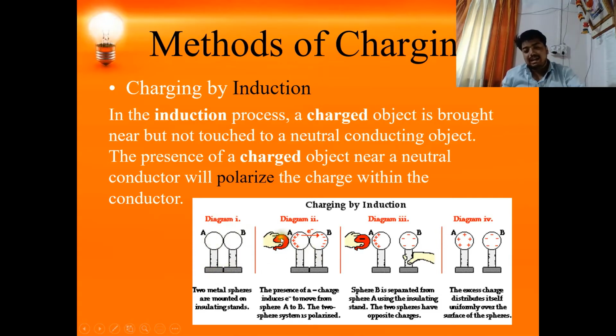When a net negative charge comes towards A, all the positive charges on A get accumulated towards the external negative charge, and this negative charge also pushes the negative charge away from A to B. Hence, the negative charge polarizes object AB.